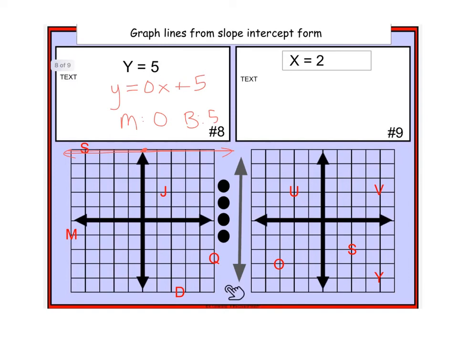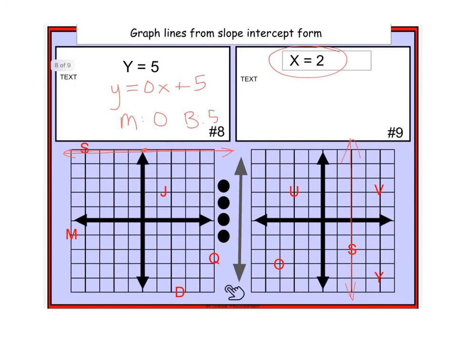And while we're at it, we will do the next one also. Hopefully you guys remember this. When you're graphing a line like this, what you can do is ask yourself, well, what axis does it cross? Well, it crosses the x-axis. Where does it cross the x-axis at? So a line that only crosses the x-axis at 2 would be a vertical line like that.